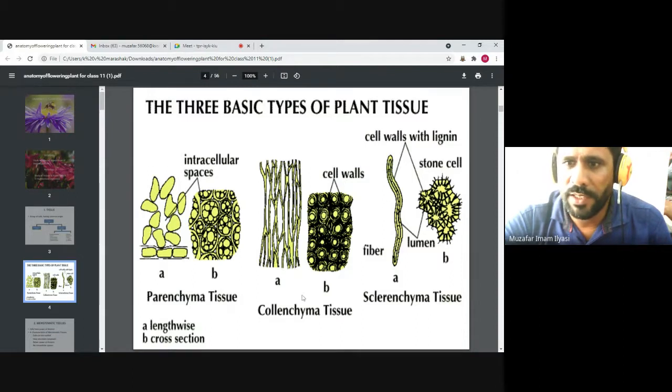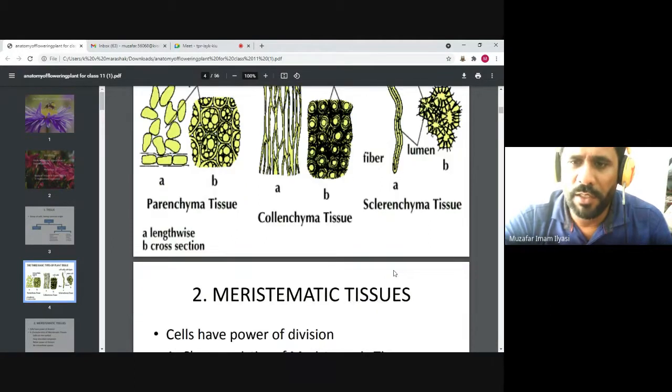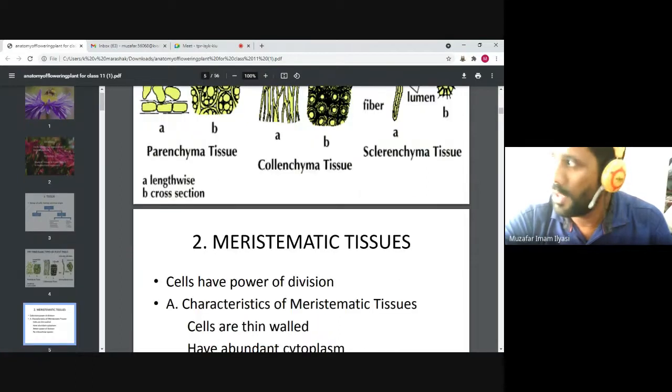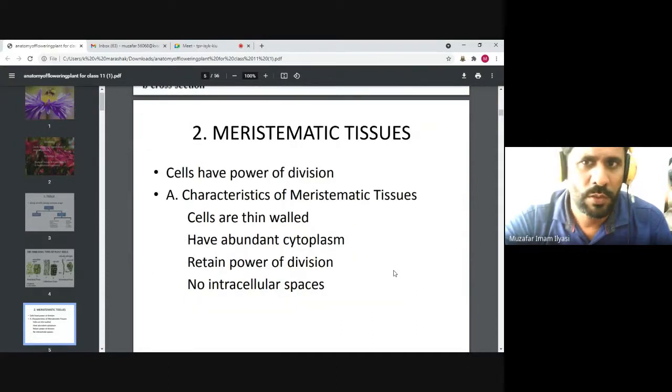These two, A and B, are included under the head of collenchyma, and this one is sclerenchyma. Sclerenchyma tissues contain lumen and stone cells. It may be studied later on. Before this, we should discuss the meristematic tissues.